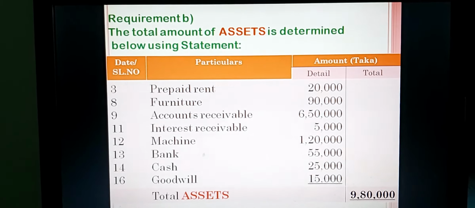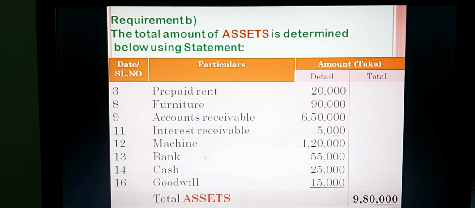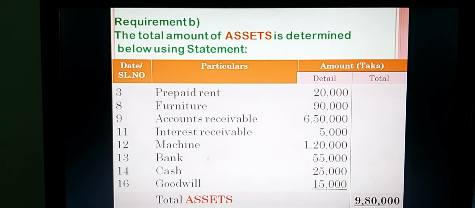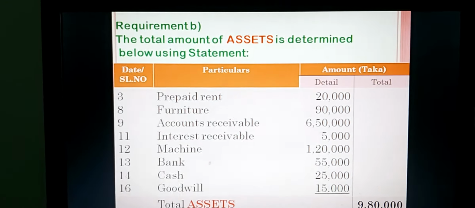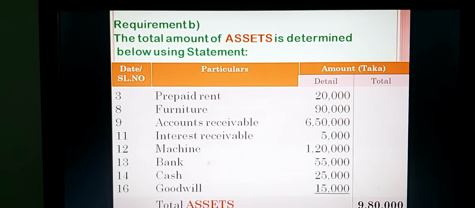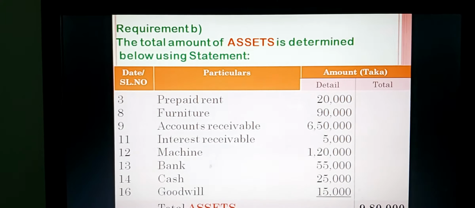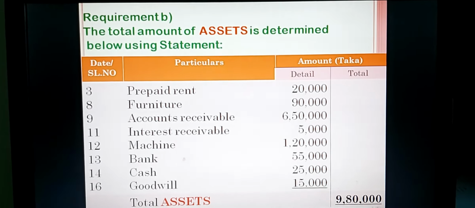Furniture is one kind of fixed asset. Accounts receivable. Receivable means asset. All receivables are related to assets. Accounts receivable 6,50,000, interest receivable 5,000, machine or machinery or office equipment, it's one kind of fixed asset.